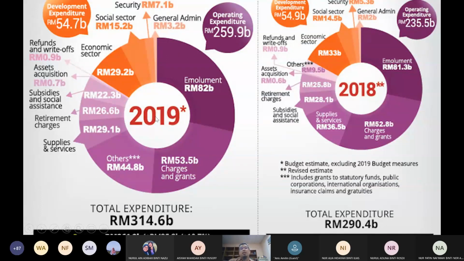So you can expect this proportion of the budget. It's almost like 30% is the development budget and 70% is for the operating. So I think a similar pattern you can see in 2018.